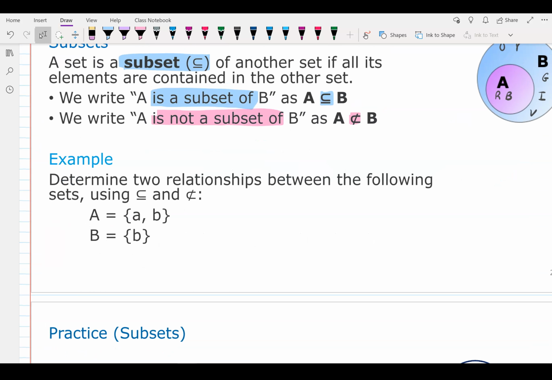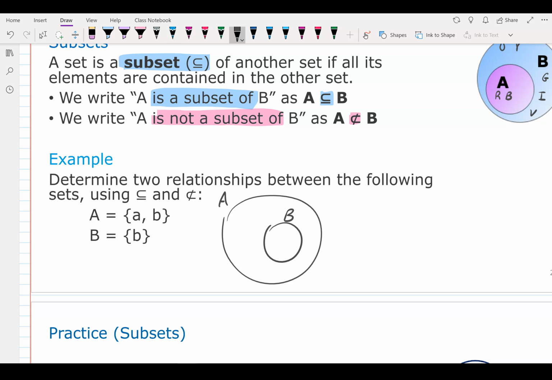So A is the set AB. B is the set B. Can we say something about their relationship in terms of subsets? Well, B is inside of A. Right? If we had our situation here, for example, we have a little diagram A, and this is our B set inside.